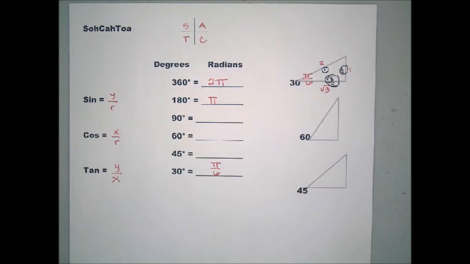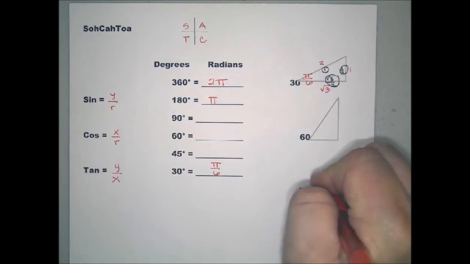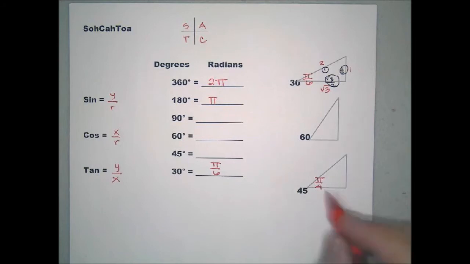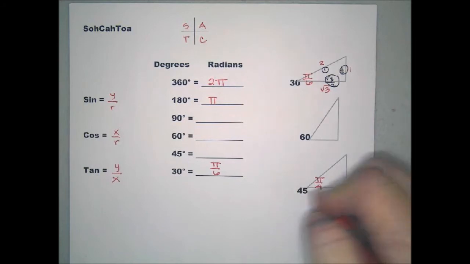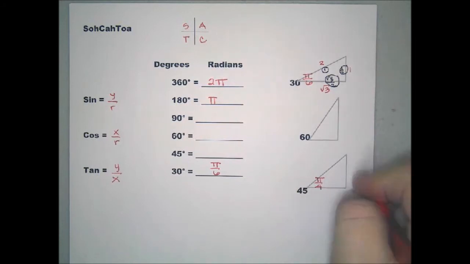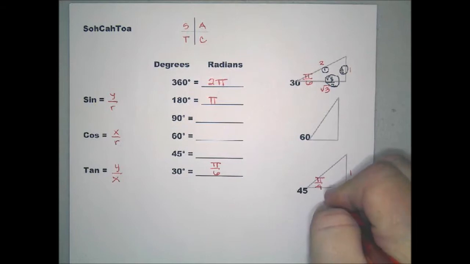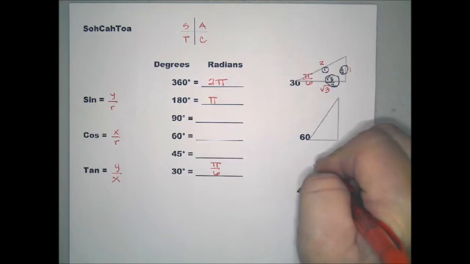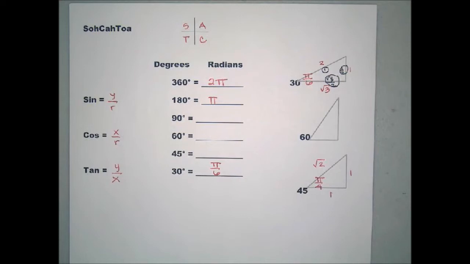Now, what about the 45 degree triangle right down here. We know 45 degrees is 45 degrees, but what is it in terms of radians? It's pi over 4. And we know that usually the 45, 45, 90 triangle goes 1, 1, and square root 2.